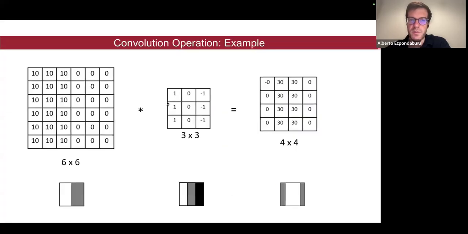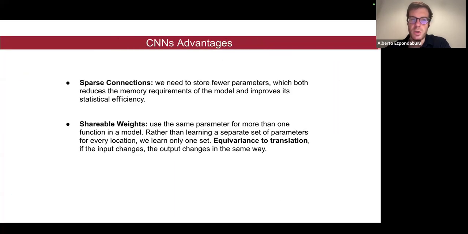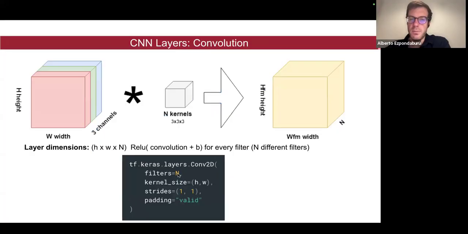We saw some filters, for example, for edge detection. And then we introduced the convolutional neural network. We are going to have layers of convolution. A convolution is going to have multiple filters. If we convolve one image with n filters, we are going to have n different matrices.